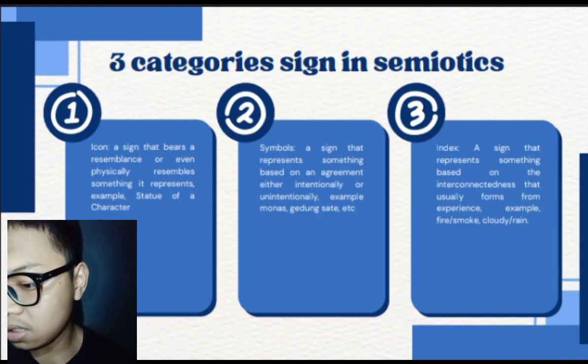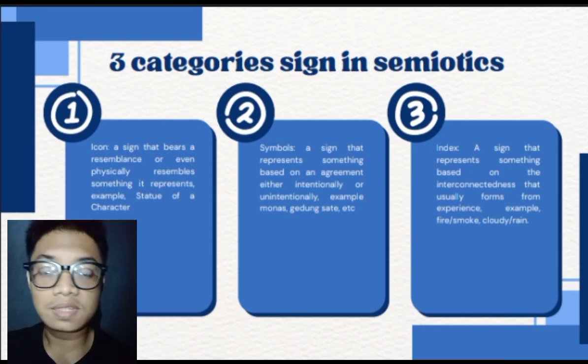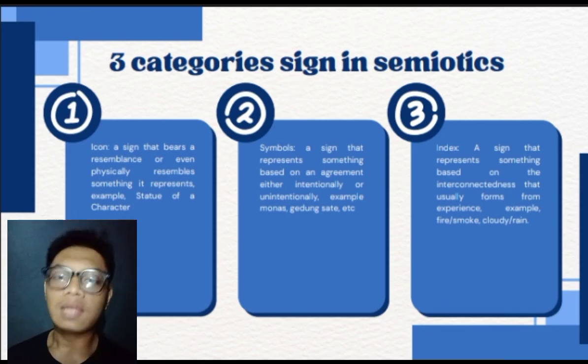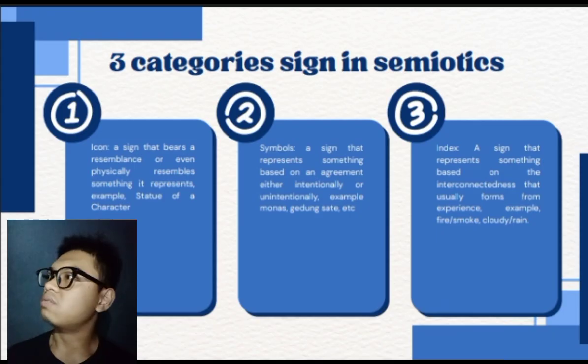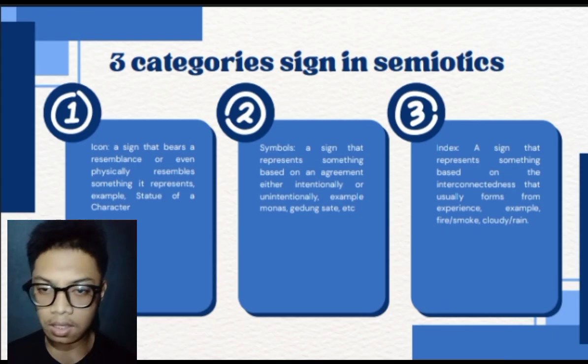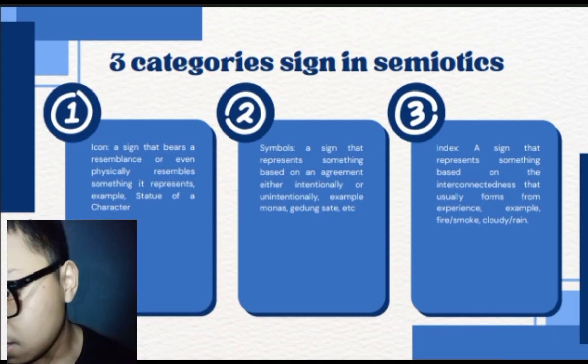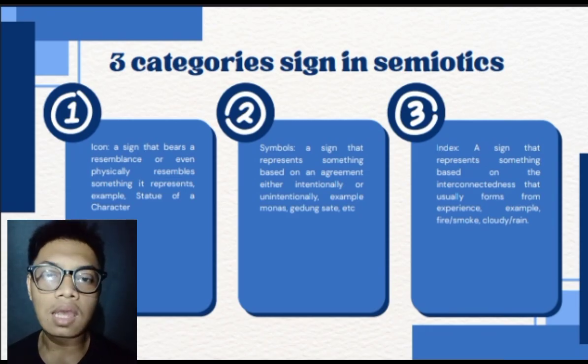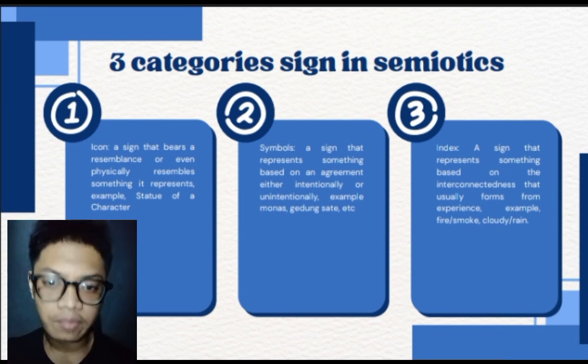Next, we explain the three types of signs. Let's break this down one by one with everyday examples. The first is icon. An icon is a sign that looks like the thing it represents.